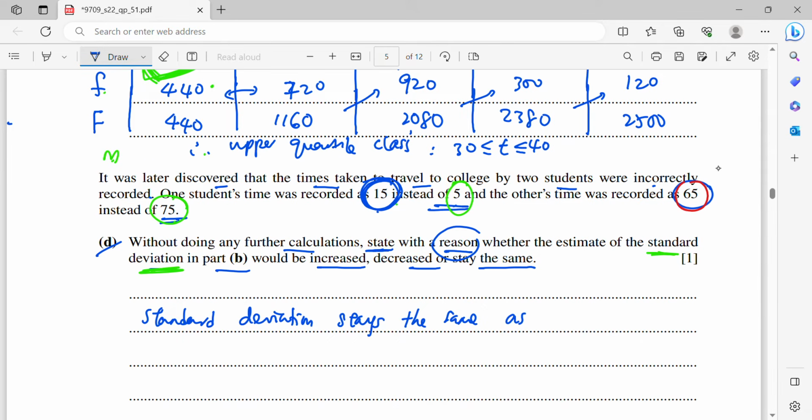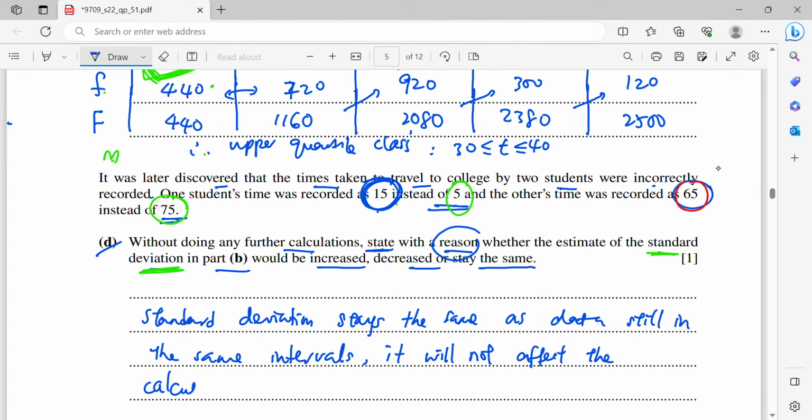Because the values are still in the same intervals, so it will not affect the frequencies and midpoints in the calculation of standard deviation.